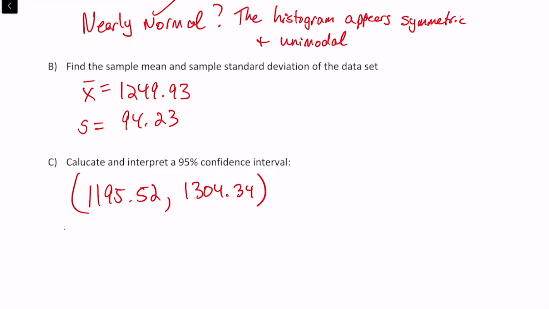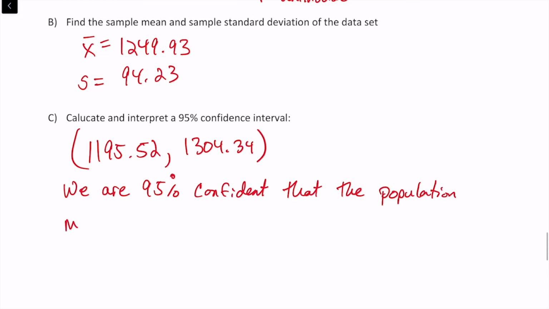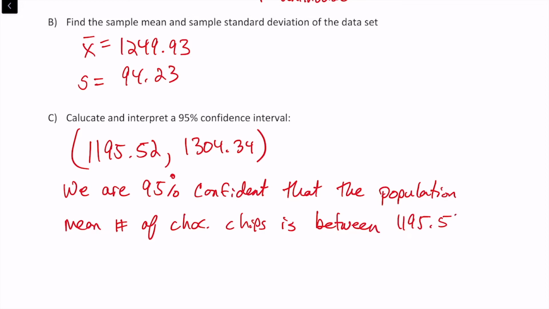This means that we are 95% confident that the population mean number of chocolate chips is between 1195.52 and 1304.34.